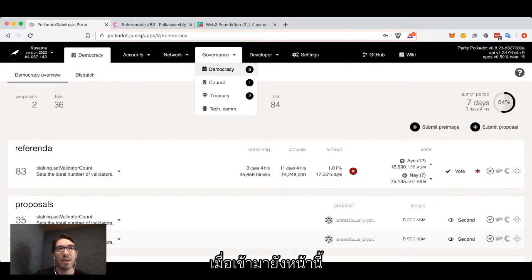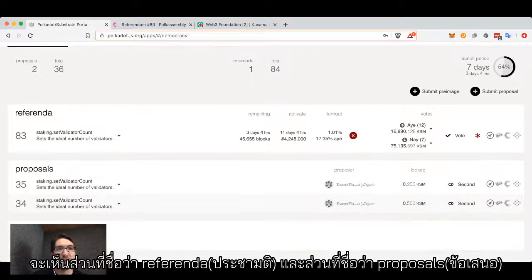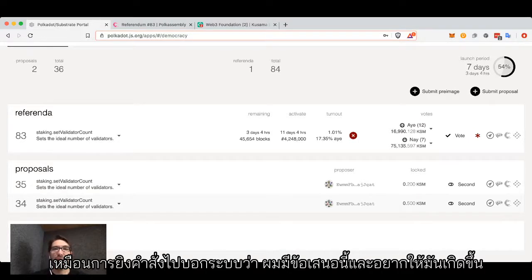When we look at this page, you see that there is a referenda. So one referendum listed here and proposals. So a proposal is just some proposal to do something. It's a command to the system that you are proposing that you want to do.